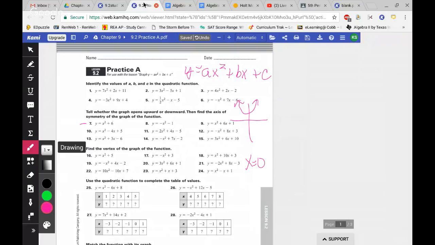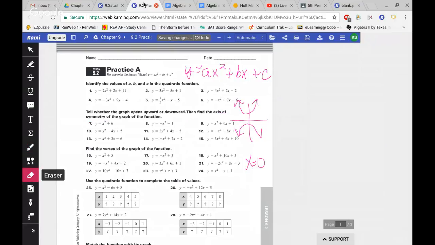And it's the same for number 8. Number 8, the only difference is that it's going to be shifted down 1 unit, and it's going to be a frowny face or opens downward or reflected across the x-axis. So it would look something like that. But the axis of symmetry is still x equals 0 because there's no bx term. Got it.